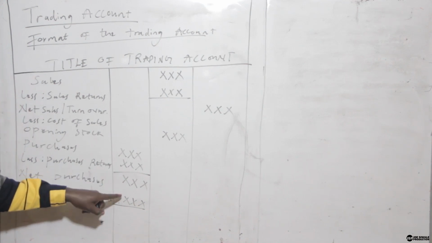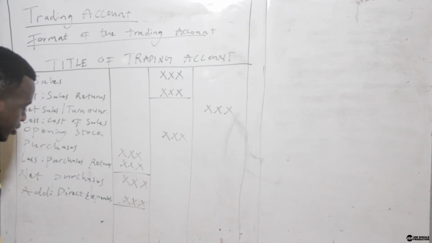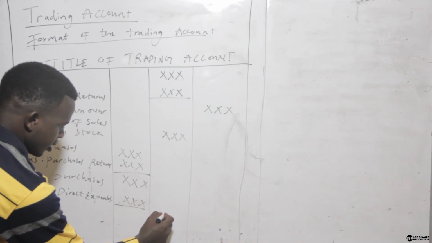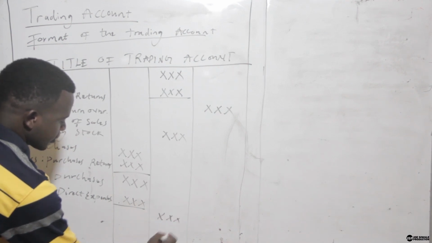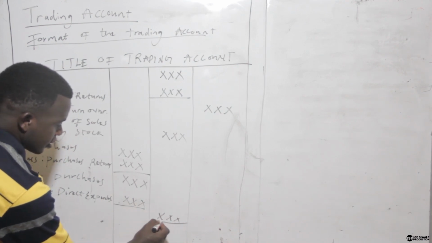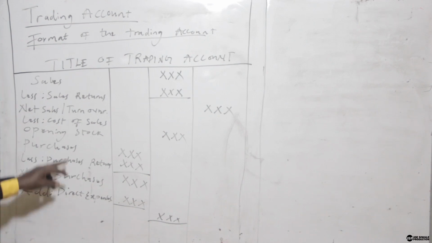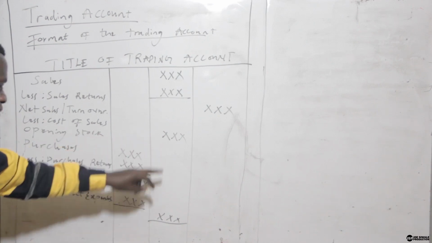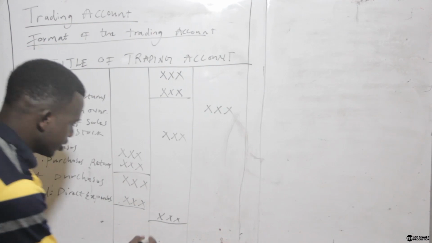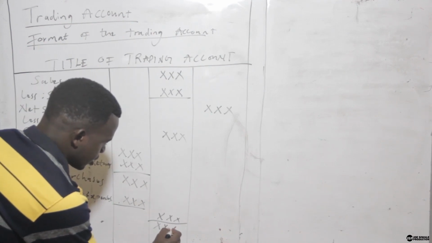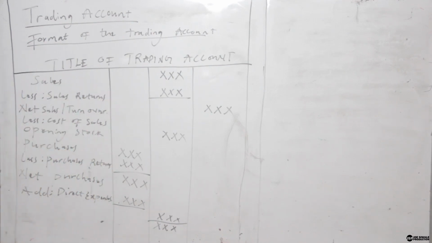When we add these figures, we're going to get an amount here. Then we're going to add our opening stock with this figure, and we're going to get cost of goods available.